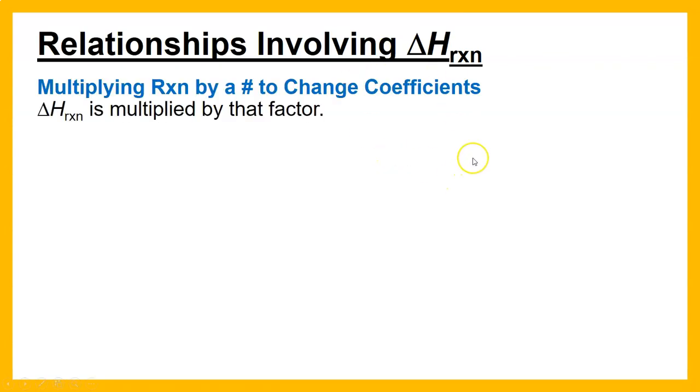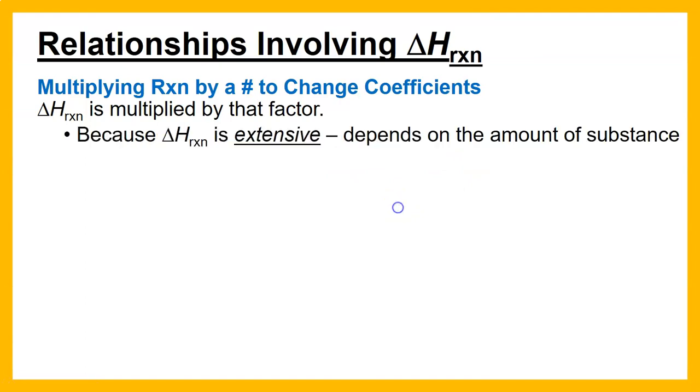So if I multiply a reaction in order to change the coefficients, what I have to do is multiply that enthalpy by the same factor. Enthalpy depends on the quantity of material. So if instead of 1 mole of something, I have 2 moles, my enthalpy is going to change.